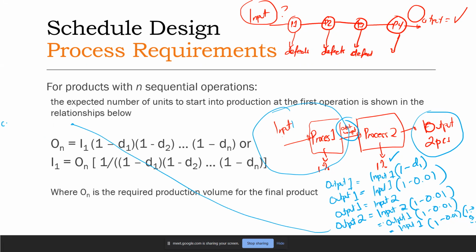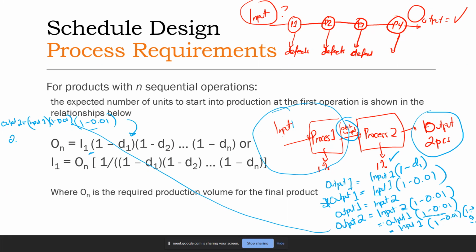Kumbaga, yung output sub 2 mo is equal to the input sub 1 multiply by 1 minus 0.01 para dito sa first process. Ito po yung na-consider natin. Times 1 minus 0.01, which is aligned sa kung ano yung nakalagay dito.